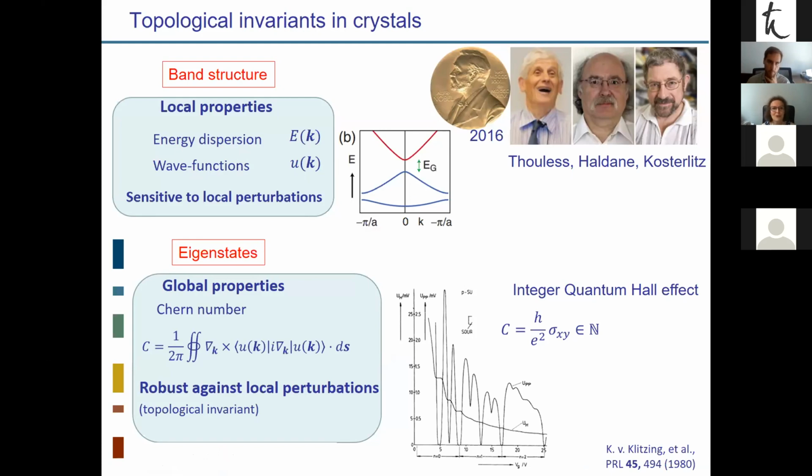And what is super interesting with topology, and this is one of the reasons why this physics has been awarded a Nobel Prize, is that you can consider these bands as a continuous system on which you can define global properties which are related to the integral of some quantity over the entire Brillouin zone.